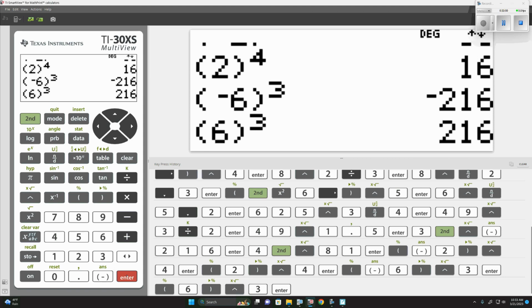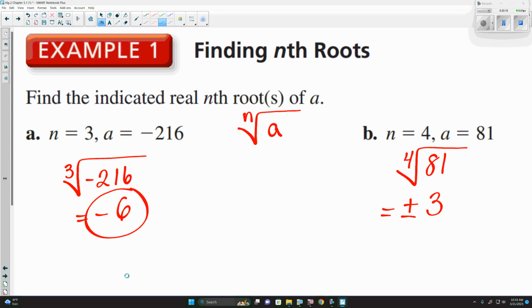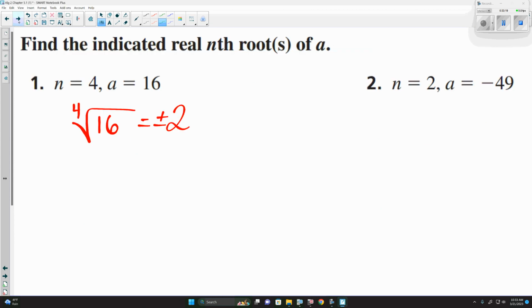A negative times a negative is a positive, and if we multiply it by one more negative, we get back to a negative. So this property of negatives that we get, that's why we can take the odd root of a negative, but not an even.